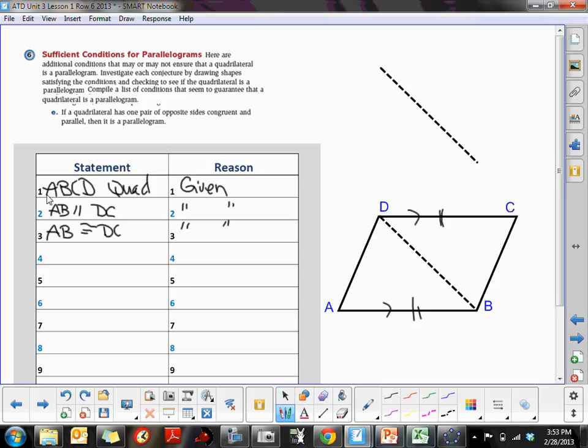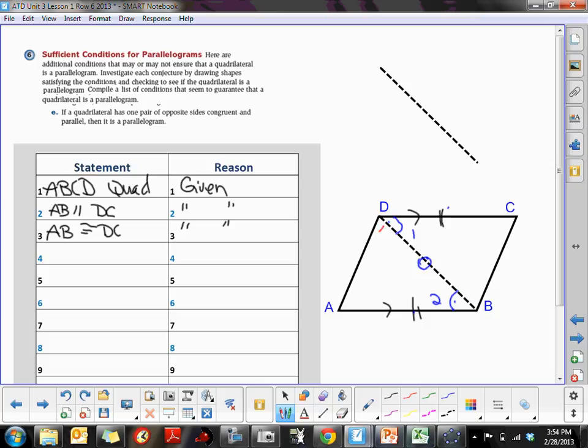We already know we have a side on both. We have the reflexive side here from DB to DB. And we know that these two sides are parallel, so this alternate interior angle is congruent to that alternate interior angle, so I'll call them angle 1 and 2. So we know that the triangles have to be congruent by side, angle, side. Well, if the triangles are congruent, then their corresponding parts have to be congruent.